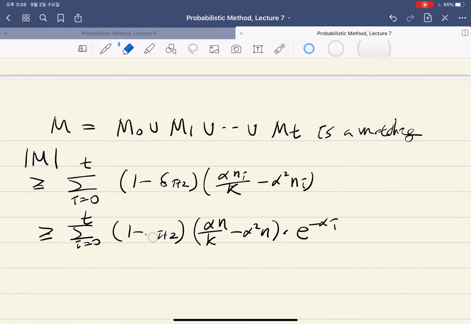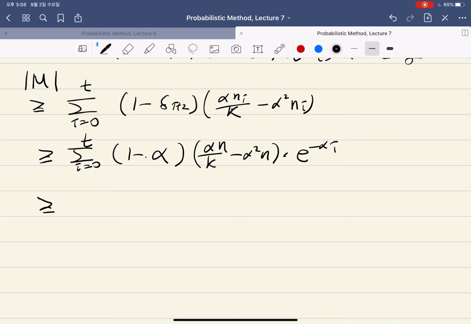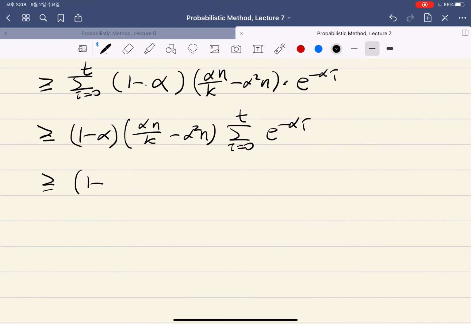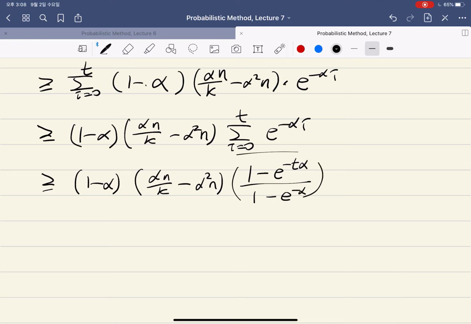And as this number is much smaller than, say, alpha, you can simply replace this. It's a lower bound. You have this. Then what's this part? This is 1 minus e to the minus t alpha over 1 minus e to the negative alpha.